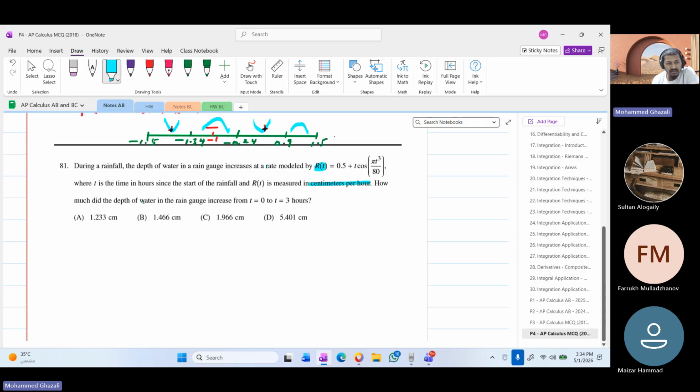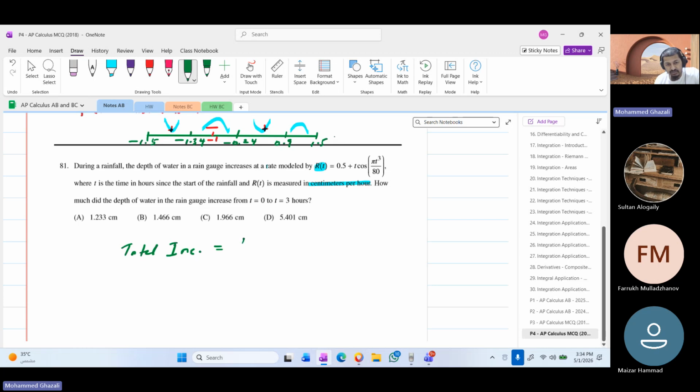How much did the depth of water in the rain gauge increase from t equals 0 to t equals 3? We just integrate from 0 to 3. We can use our calculators. It's very difficult to integrate that by hand.